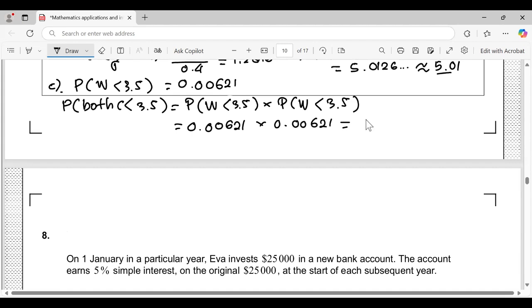And the result is 0.0000386, or 3.86 times 10 to the power minus 5. So that is question 8.